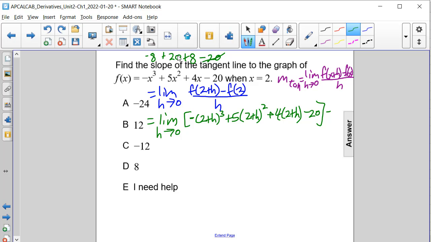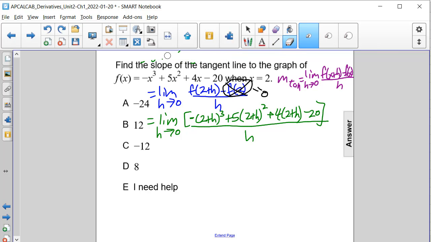Well, wait, the 20s cancel and so do the 8s. So f of 2, or the function value at 2, is equal to 0. And then we are going to divide what remains all by h.